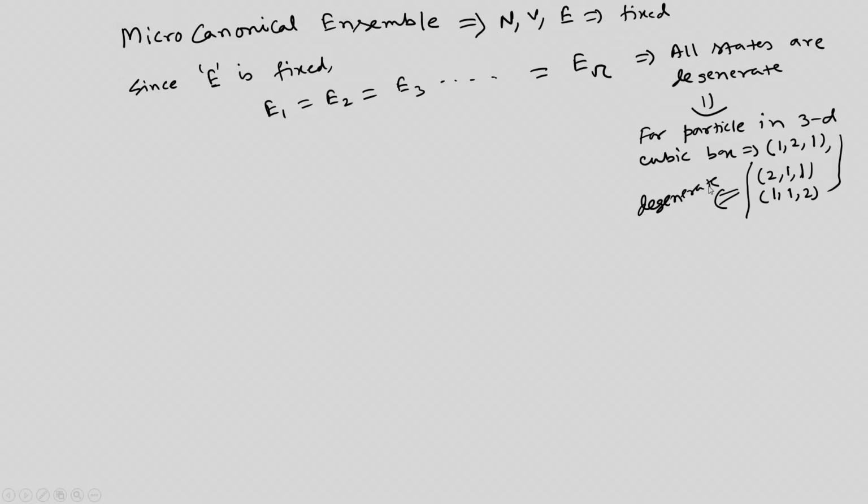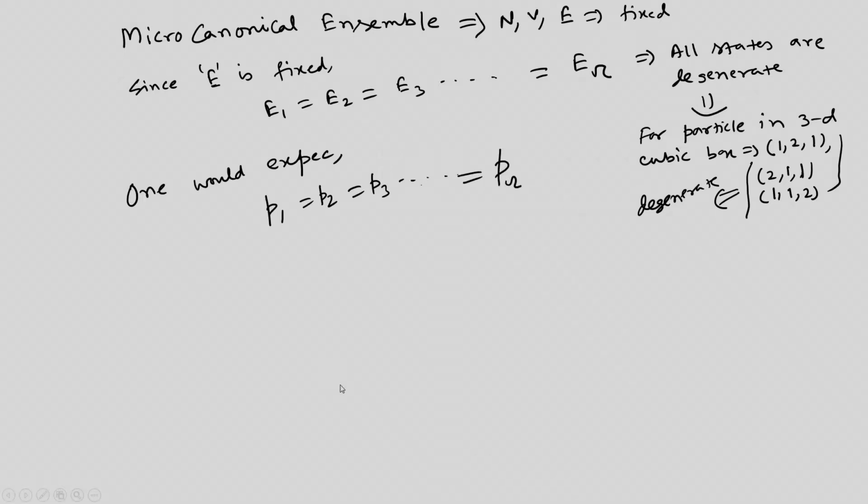Similarly, here since E is fixed in the microcanonical ensemble, E1 equals E2 equals E3 up to E omega, where omega is the number of states of degeneracy, all states are degenerate. So, one would expect that P1 equals P2 equals P3 equals P omega.